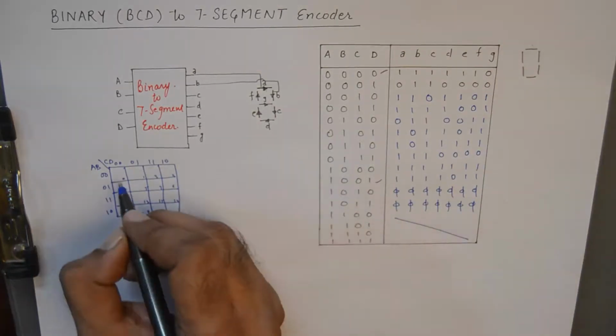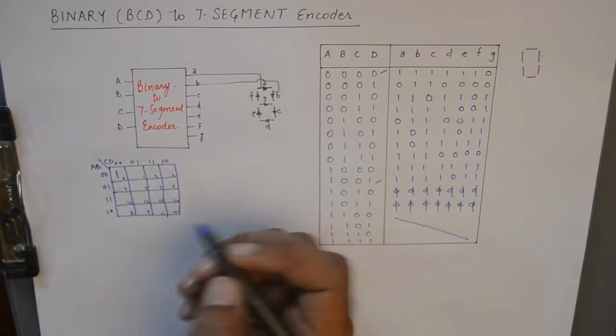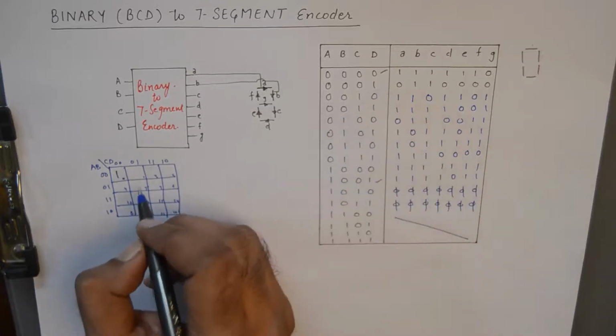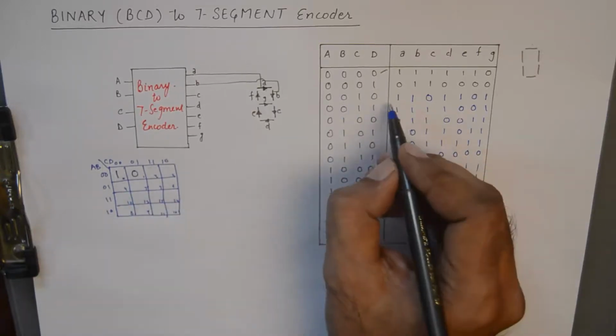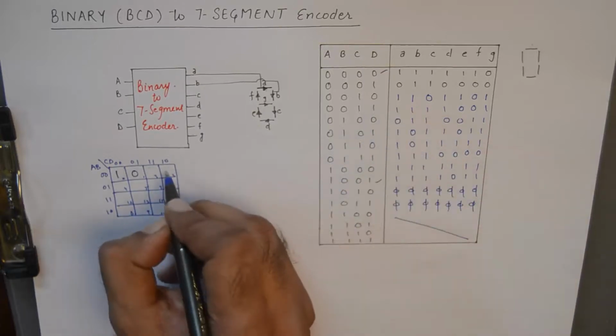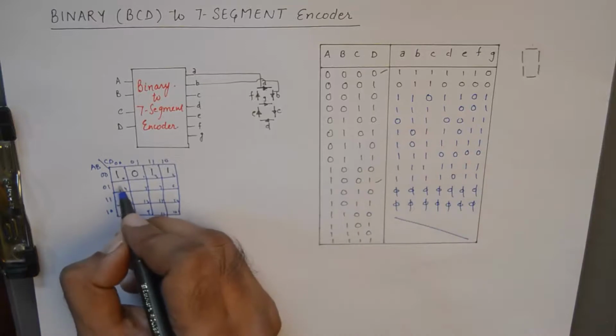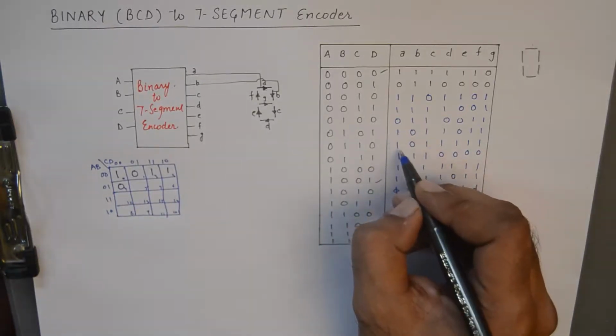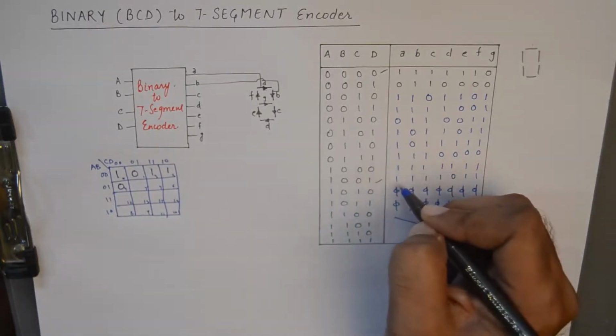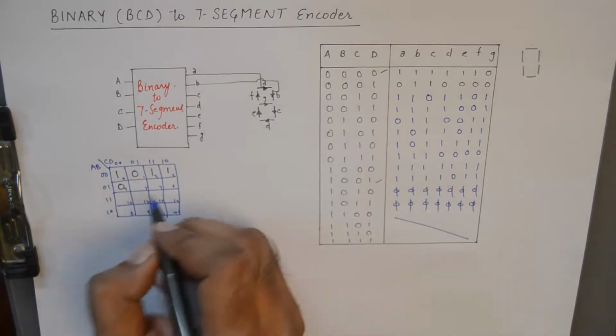So for 0 it is 1, for 1 it is 0, for 2 and 3 it is 1, 1, 4 is 0, and 5, 6, 7, 8, 9, all of them are 1s.